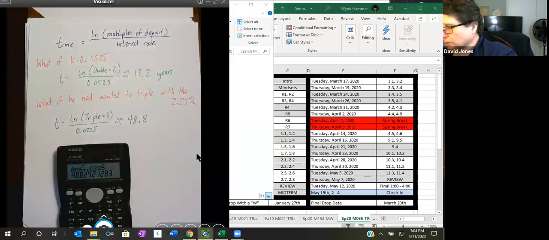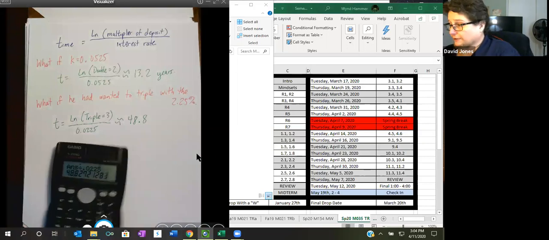So once it's doubled, to get it up to triple doesn't take another 30 years. It only took another 18.